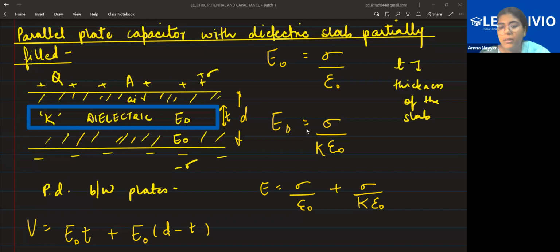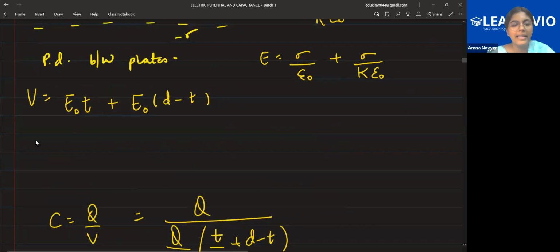Now, potential will again be distance into electric field. So let's put the value. ED is what? ED means dielectric. So why put sigma?